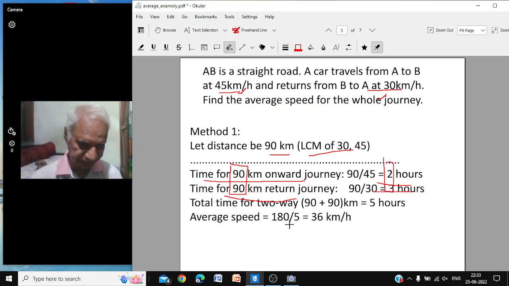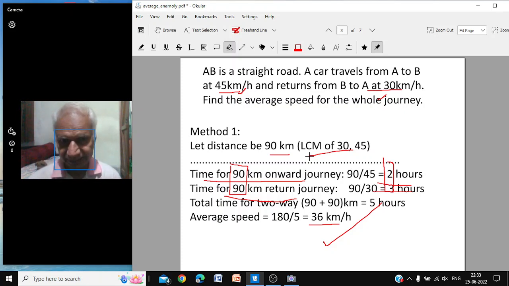The average speed is 180 kilometer divided by 5 hours, or 36 kilometer per hour. And this is the right answer. That was method 1. If we had taken, for instance, 100 kilometers, 100 by 45, you would get a fraction. But by taking 90, you avoid the fraction. So to avoid fractions, we take the distance to be the LCM of the two speeds.